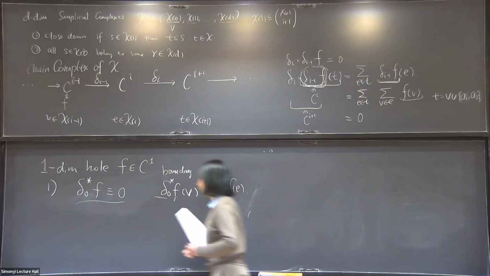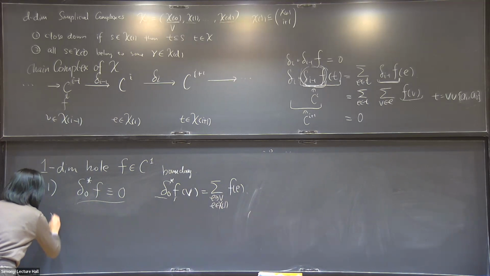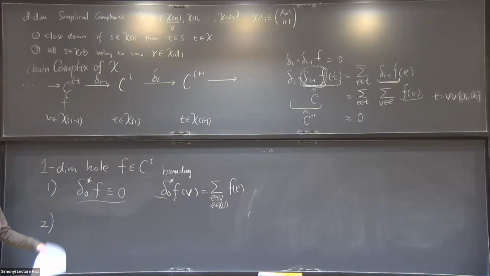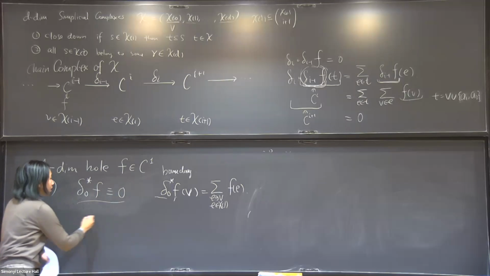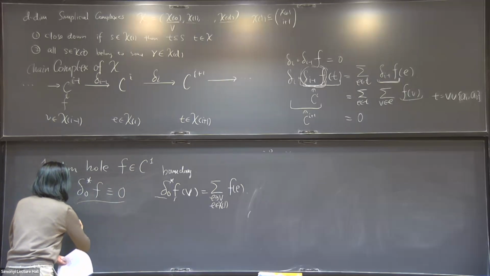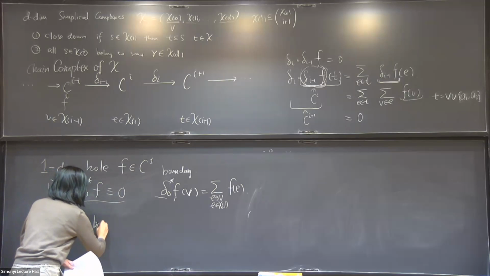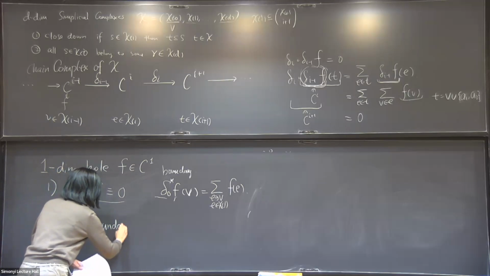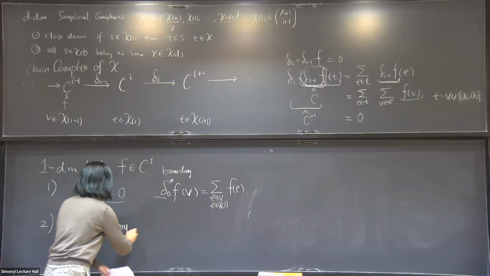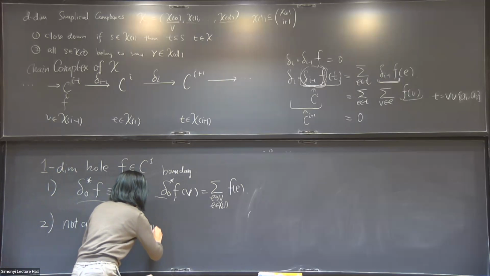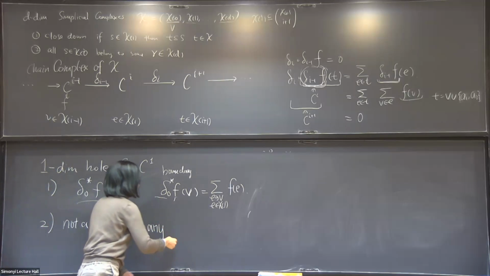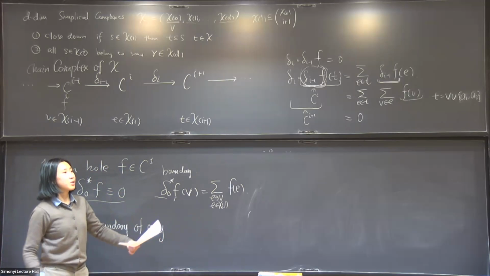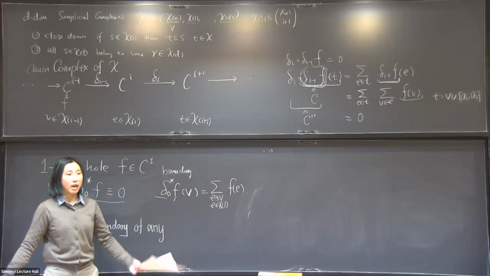And the second thing about having a hole is that it is itself not the boundary of anything. So f cannot be a boundary of any higher dimensional object. Not a boundary of a bunch of triangles, basically.